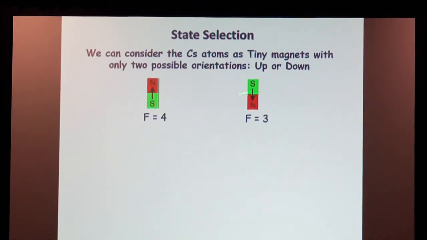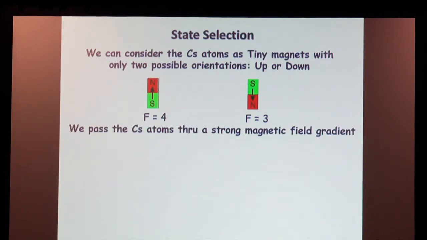We can consider cesium atoms in the ground state as tiny magnets with only 2 possible orientations, F equal to 4 and F equal to 3, just as a simple visual description. You can consider these as atoms with magnets pointing up and magnets pointing down.